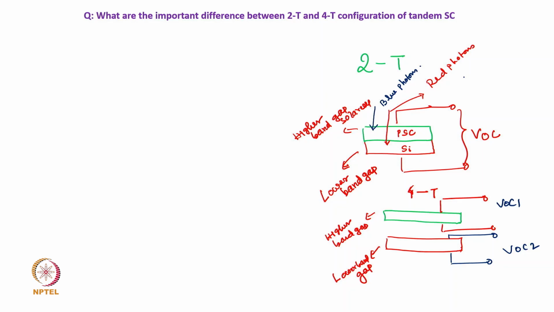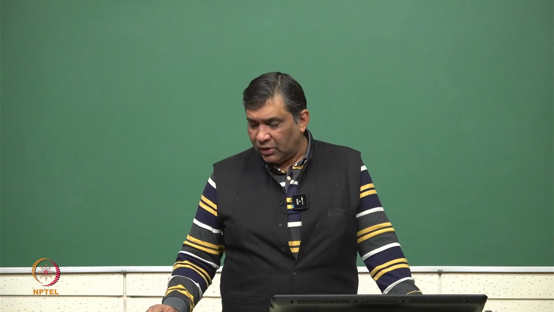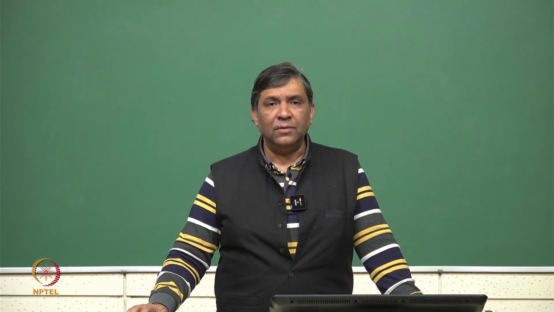They are mechanically connected or electrically connected outside, and they have two different VOCs, one gives VOC 1 and another gives VOC 2. But the disadvantage with this is that the 4T is costly. However, if we look at the efficiency, they are more or less the same whether it is 2T or 4T.